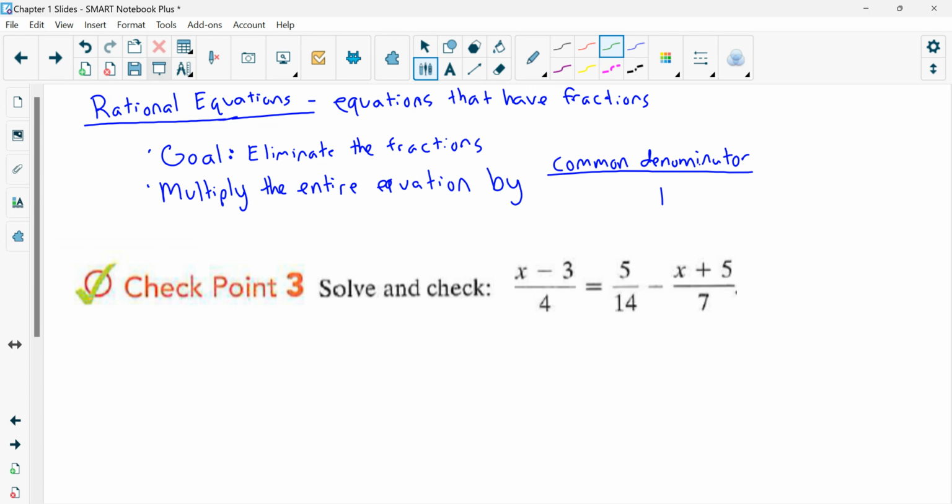All right, so looking at this problem, x minus 3 divided by 4 equals 5/14 minus x plus 5 divided by 7. Notice this is now an equation as opposed to an expression like we were doing on the pink stations. So we still are going to think about what is our common denominator, or what is a common multiple of 4, 14, and 7. 28 is our first common multiple of all 3.